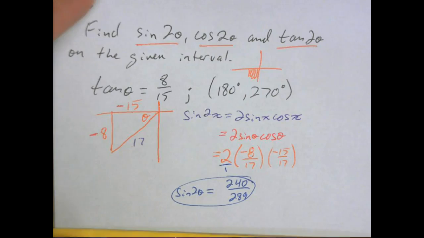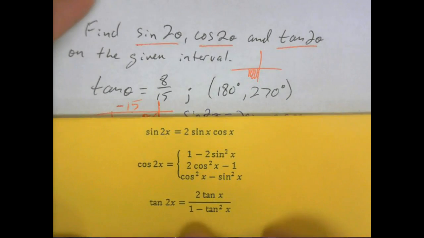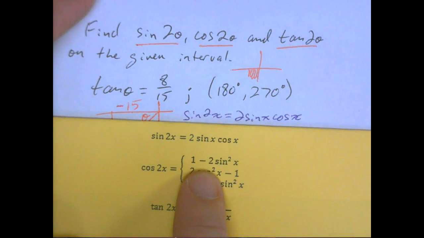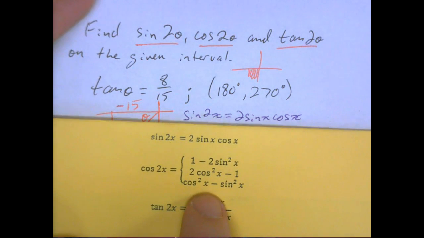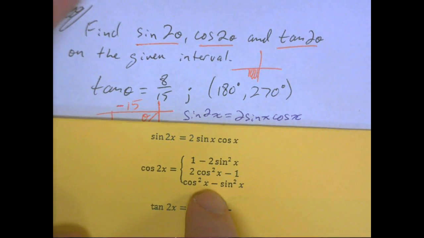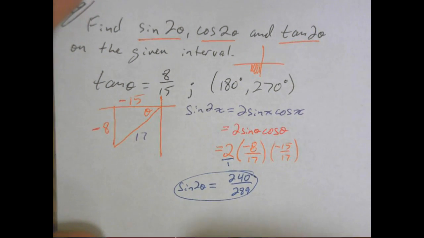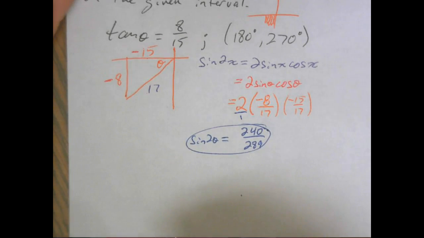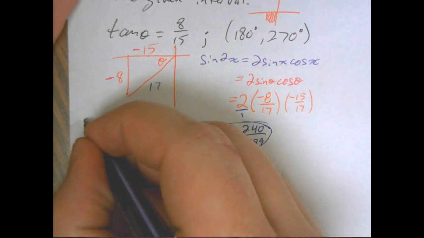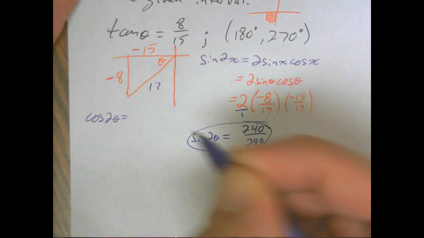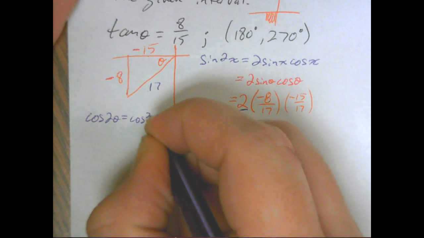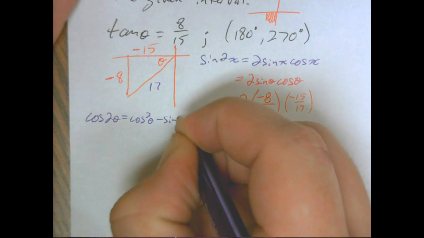Cool. So I'm going to do the same thing with cosine 2 theta. Notice you have any 3 of these that you can use. I like the bottom one just because I know I'll have common denominators already. Depending on our situation, that may change which one we choose to pick. But I like the bottom one. So with that, finding cosine 2 theta, I know I can use cosine squared minus sine squared.